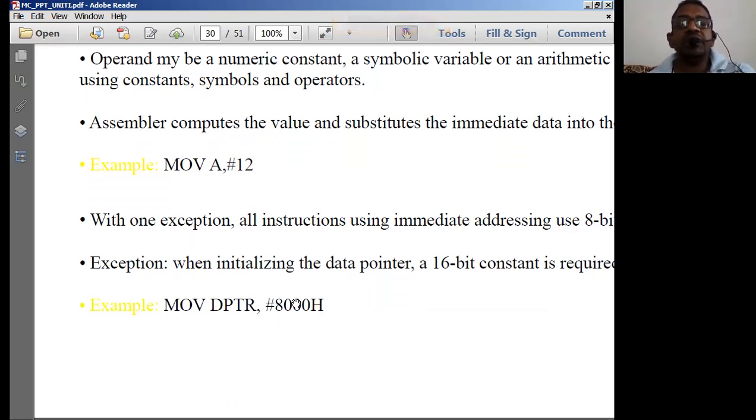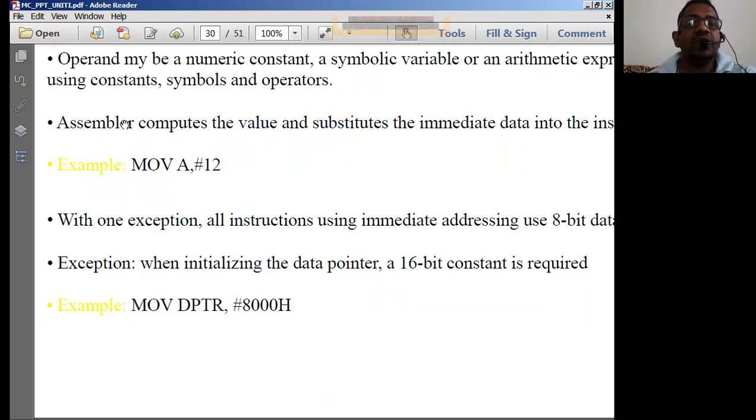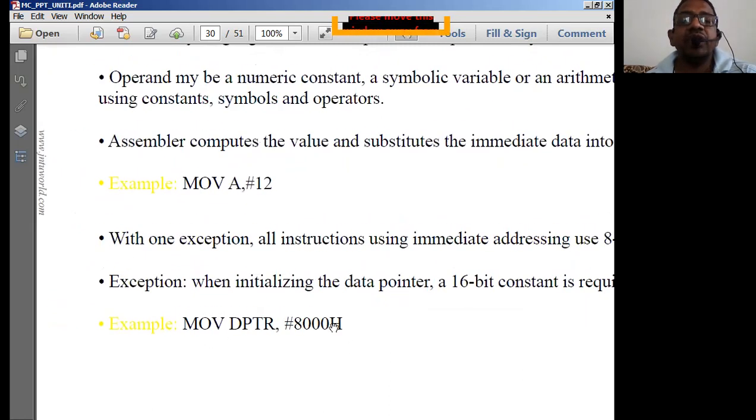Now there is one exception here. If the register is 16-bit, say DPTR is 16-bit, then compulsorily the data that you put into DPTR should be 16-bit. Only then is this instruction going to get executed. Otherwise, it gives an error. The accumulator is 8-bit, so moving 8-bit data into the accumulator is accepted.